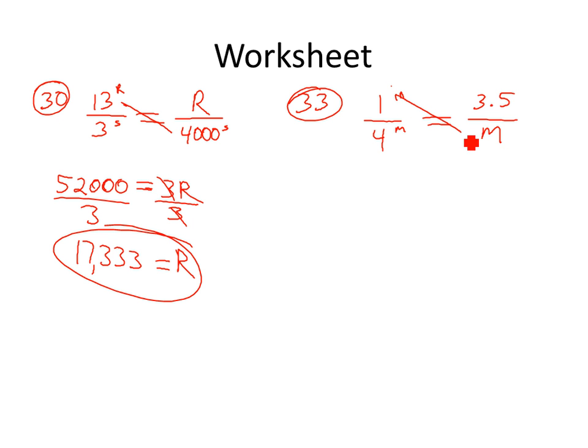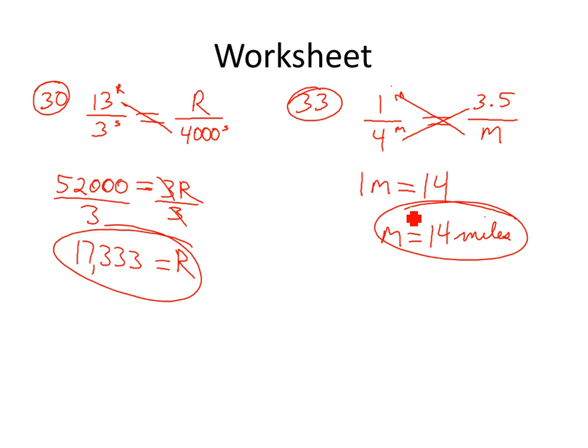Cross multiply. What do you get multiplying the extremes? 1M. Now multiplying the means: 14. Do you really need to divide by 1? No, so it's 14 miles. We know that the two towns are 14 miles apart.